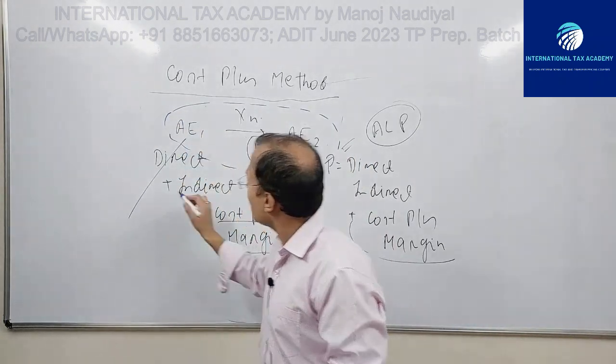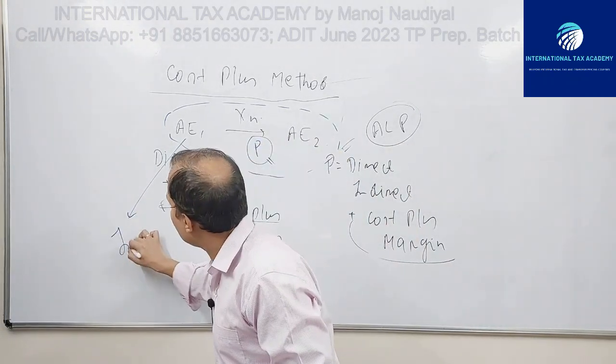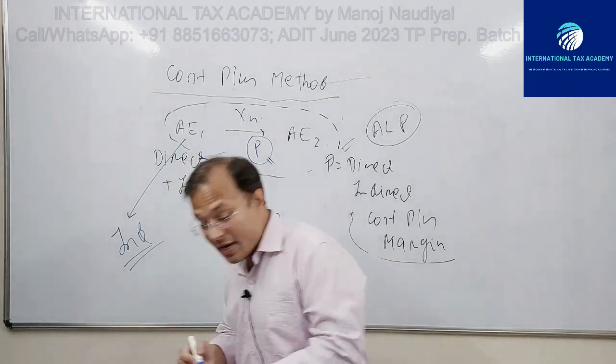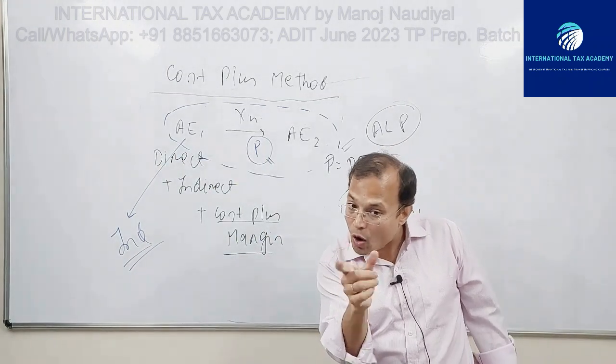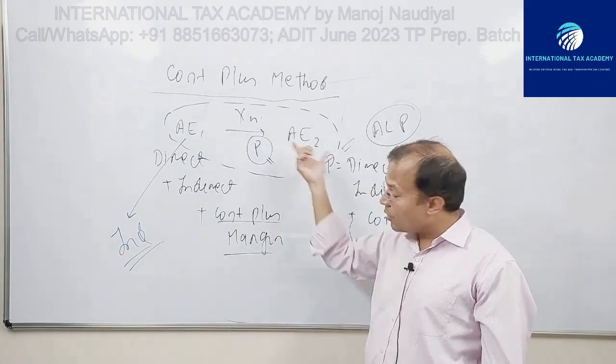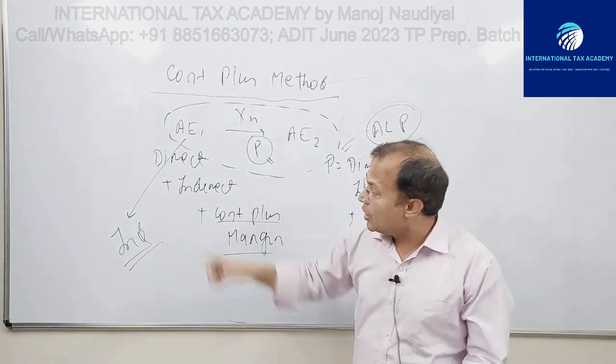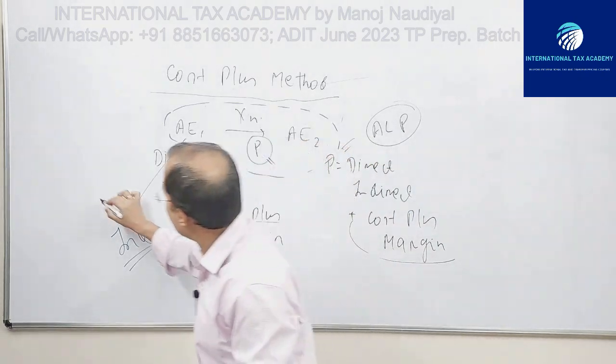And internal comparable would be one in which this is transacting with some independent enterprise. Remember, in internal comparable, the tested party is common. That tested party, which is the AE, has a controlled transaction, and that is also a part of the uncontrolled transaction. So this becomes the internal comparable.